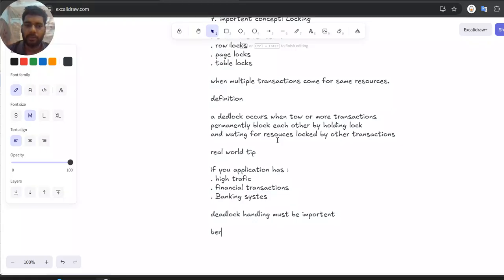Best practice: retry the transaction if deadlock occurs.